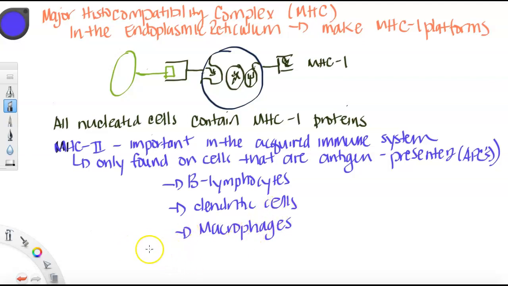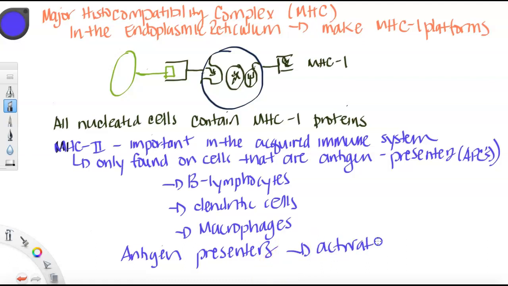And this is important because antigen presenters, so any of those three, activate lymphocytes.